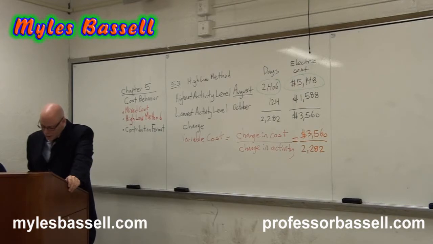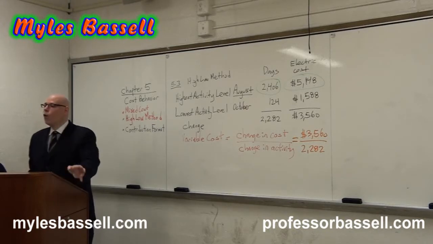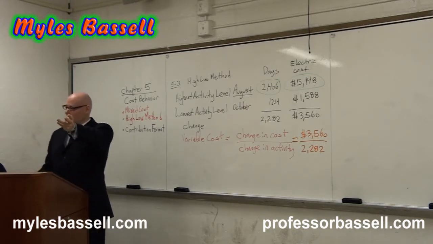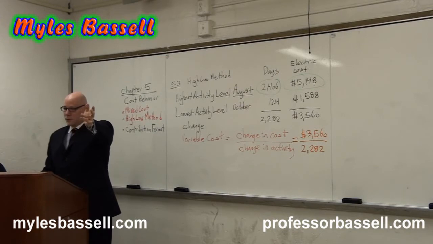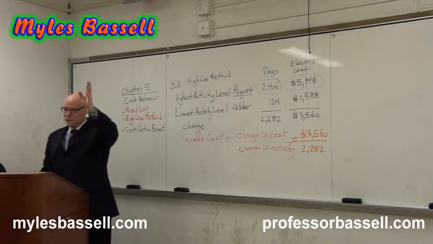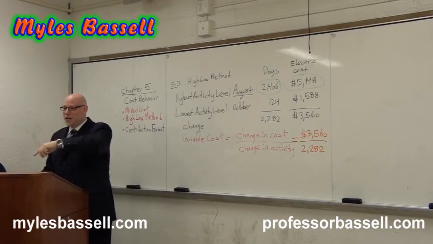The administrative expenses are 20% variable and 80% fixed. How do we classify administrative expenses? It's a non-manufacturing cost, which is also known as a period cost.